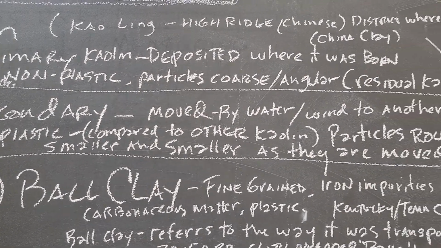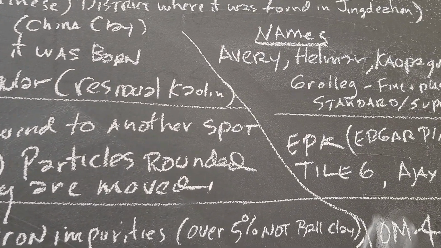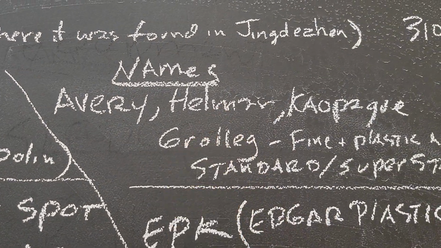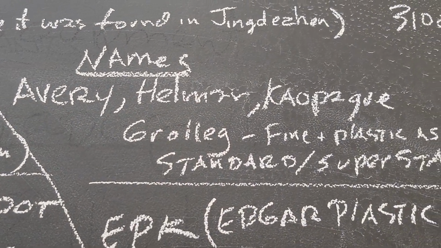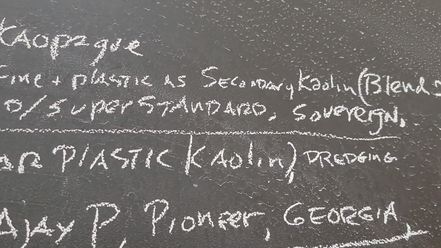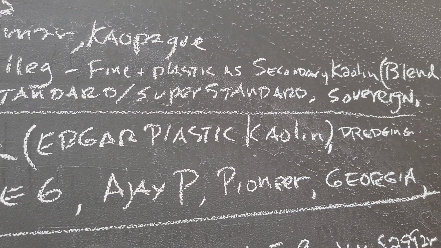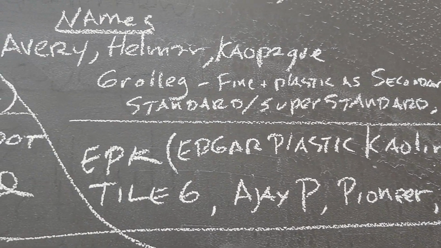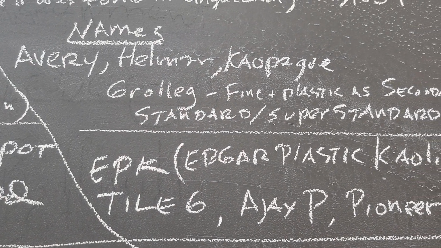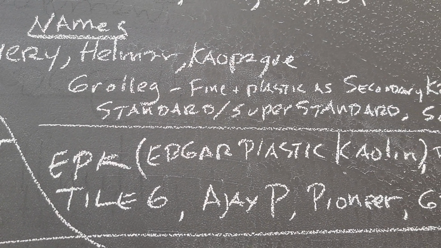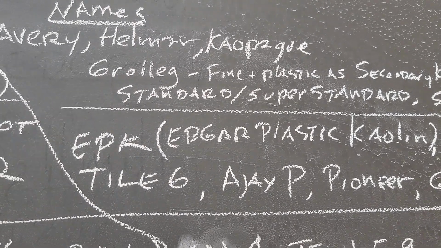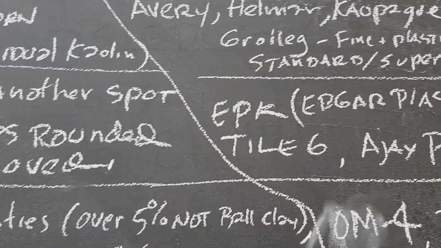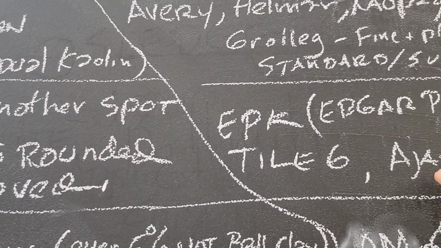All right, so let me just tell you some types of primary kaolin. So Avery's a primary kaolin, Helmer, Kaopak. Grolleg is a fine plastic secondary kaolin. It's blended from 24 mines. So really that should be down here in EPK.